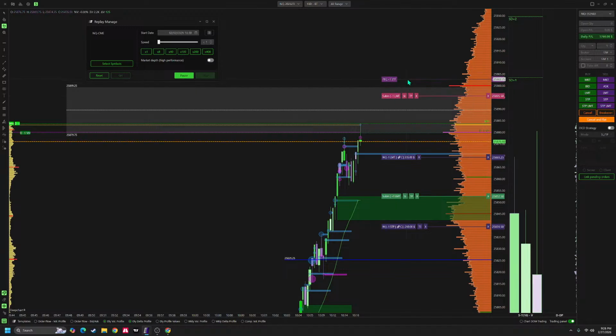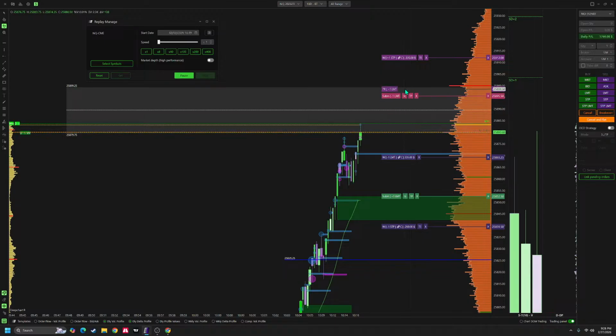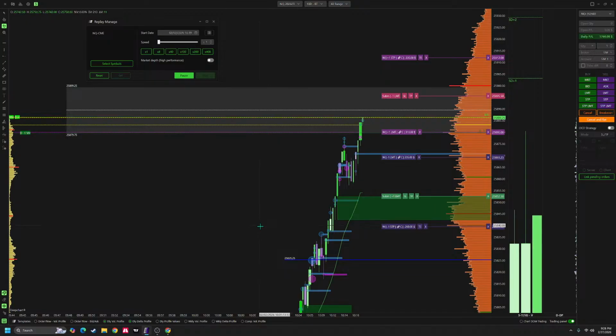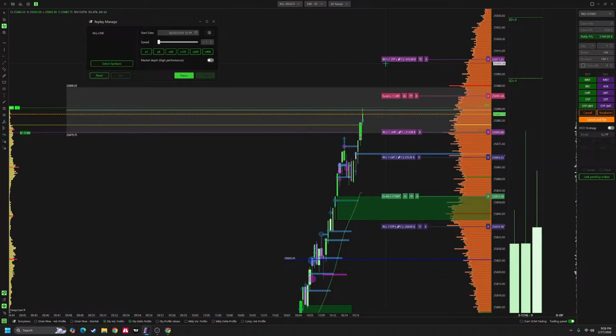With my stop loss right here and my take profit back here. So that's a 1-to-1 basically. So either of those trades work for me right now.